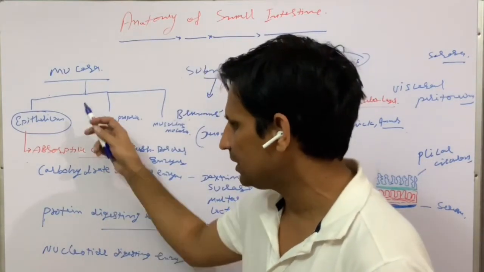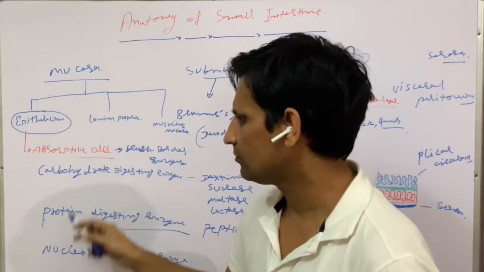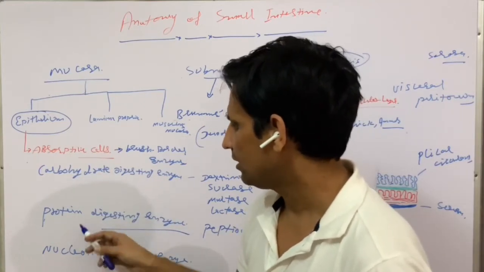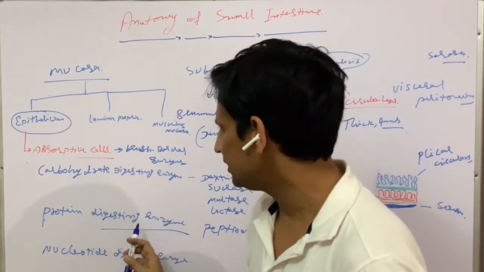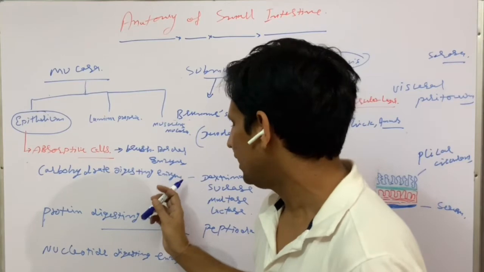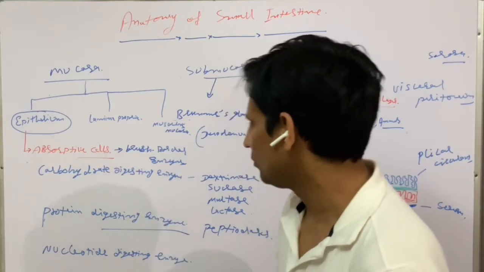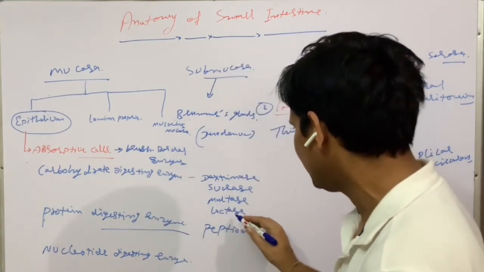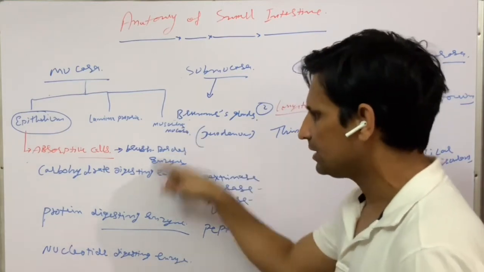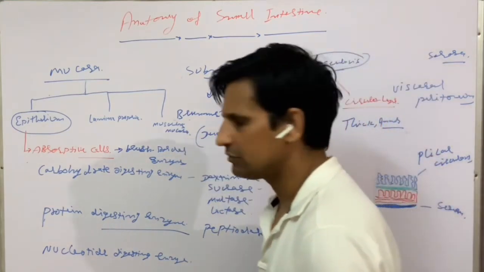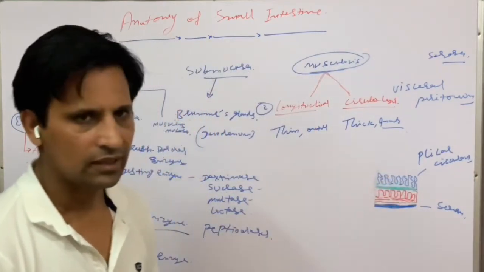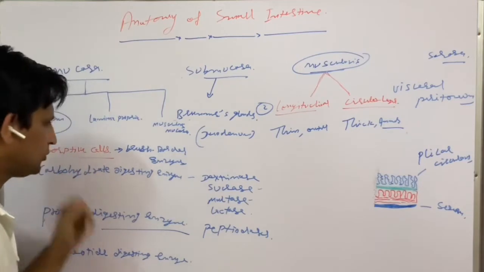So these are the basic ones: the phosphatases, nucleotidases, the peptidases, the lactase, the maltase, and the sucrase. These are the basic brush border enzymes which we can find in the wall of the microvilli, right? So these are the absorptive cells.